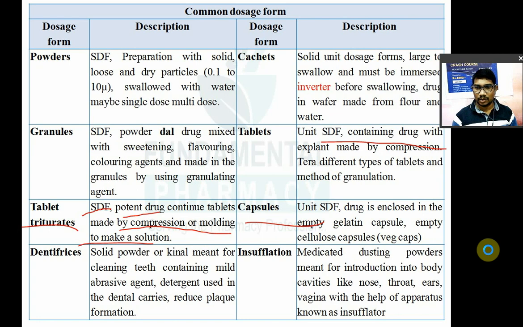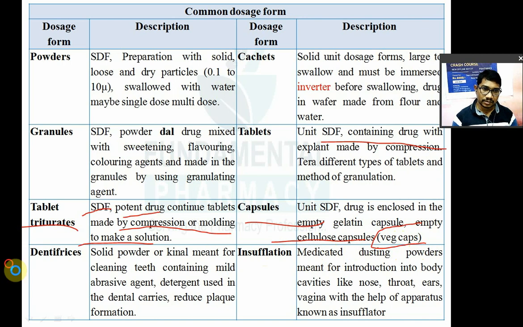Nowadays veg capsules are also available. What is a veg capsule? A veg capsule is an empty capsule shell made from cellulose. Cellulose comes from plants, while gelatin comes from skin, pork and bones.